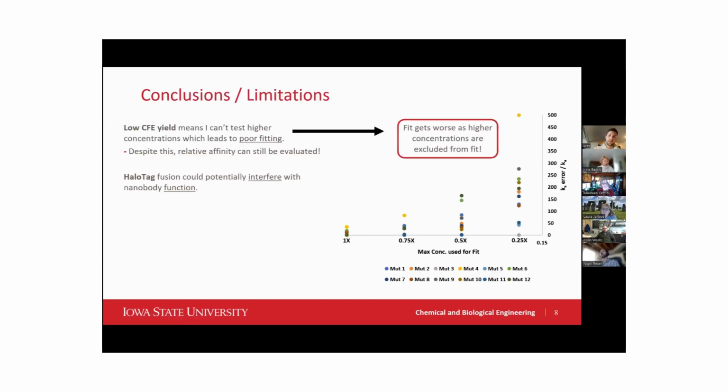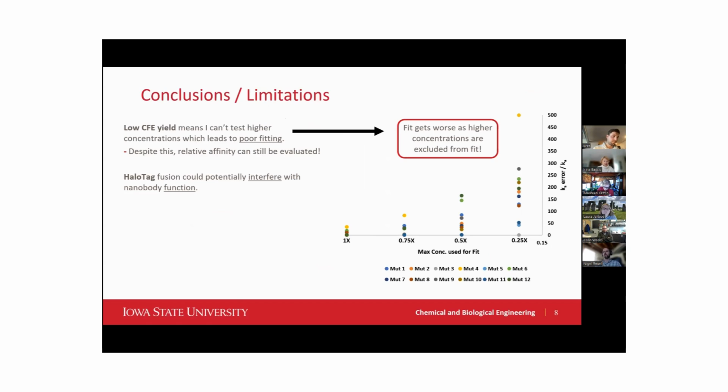The main limitation in the screening protocol I've developed so far has been the low cell-free expression yield. When doing these BLI assays, to get good quality data, you want to include analyte concentrations that are above and below the KD value for the interaction you're working with.